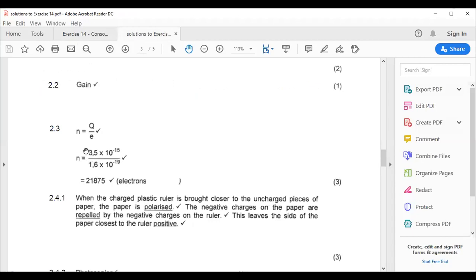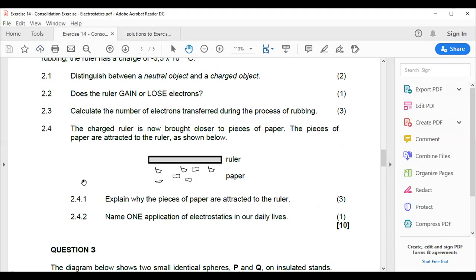Then the negatives cancel. You must always have a positive number of electrons here, a natural number. So when you divide the two, you get 21,875 electrons. So 3 marks: 1 mark for formula, 1 mark for substitution, 1 mark for answer. All right. Then now we go to the next one.